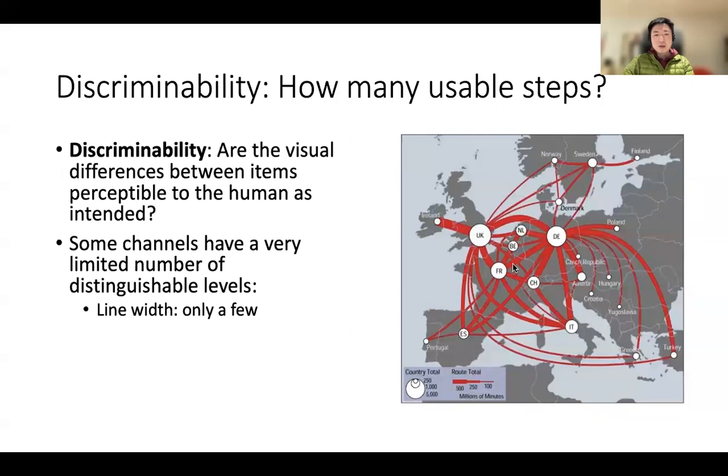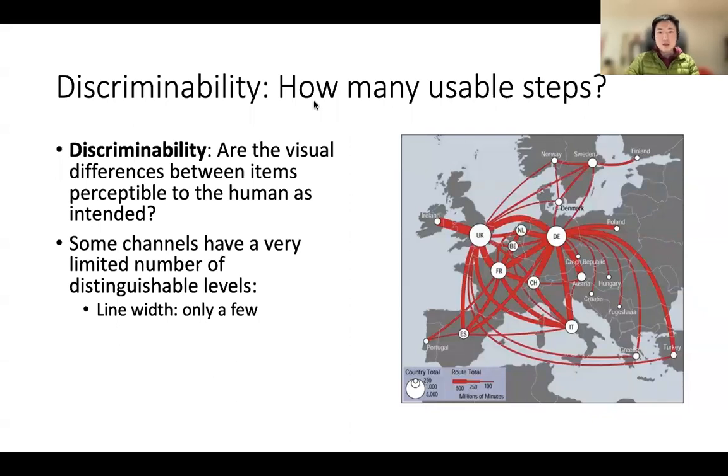Okay, and then the question here, back to the slides, is: you can use different line widths, but how many different levels can you see before it becomes harder to tell whether two lines are of similar width or different width?